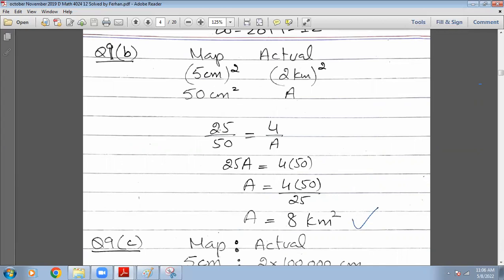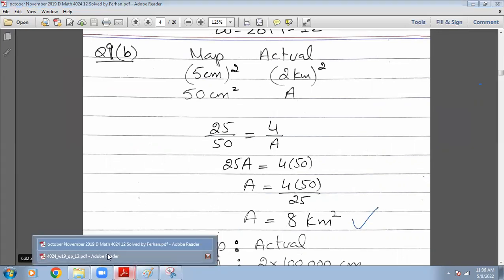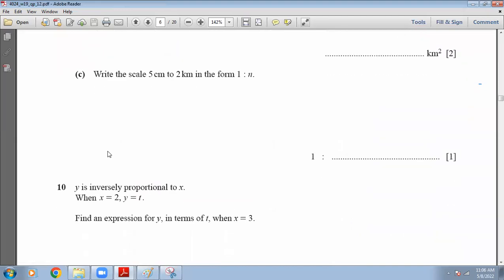So write that in the fraction: 25 by 50 equals 4 by A. So 25A equals 4 into 50, and A equals 4 into 50 divided by 25. So A will be 8 kilometers square. So the actual area will be 8 kilometers square. So that was the B part of question number 9. I have already checked this answer. It's right.